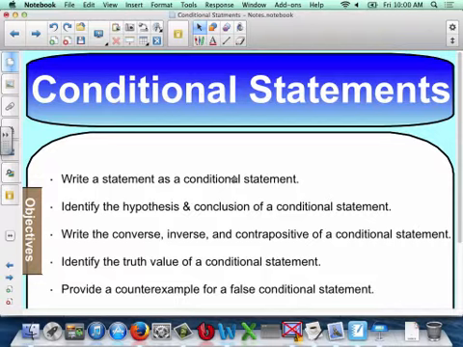Why is that false? Give me an example of a short tree. Apple trees are short trees, right? So apple trees would be a counterexample to that original statement. It's an example that shows the statement's false. That's all a counterexample is.